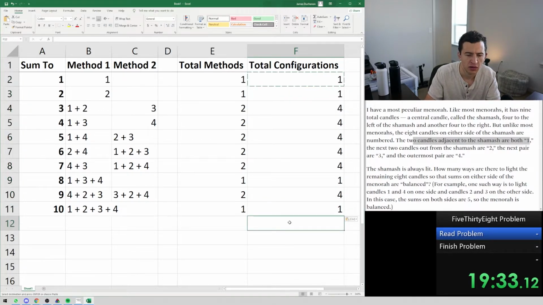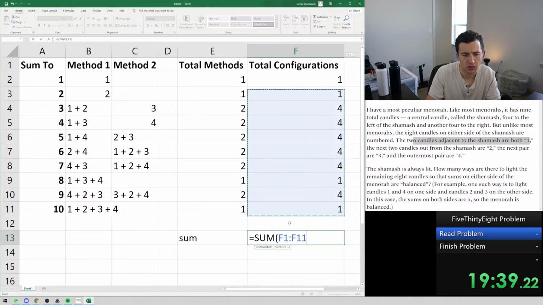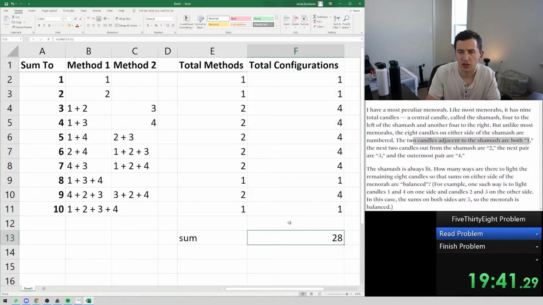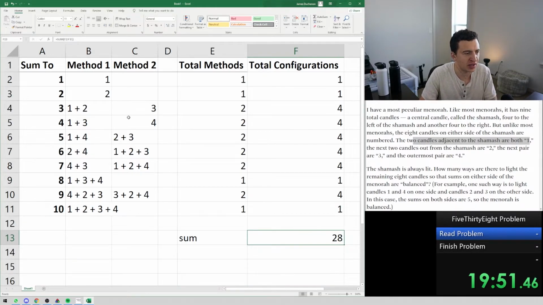Okay. And so we're going to sum this. And so our answer is 28. However, there's a little gotcha here that I think we're missing.